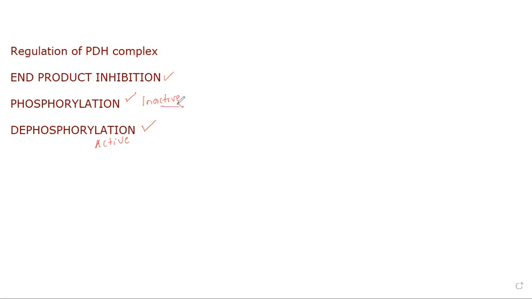The enzyme which causes the phosphorylation of the pyruvate dehydrogenase is protein kinase, that is PDH kinase. And the enzyme which causes dephosphorylation, that is removal of the phosphate group from the PDH, is phosphatase. So phosphatase is the enzyme which maintains the PDH complex in the active state.